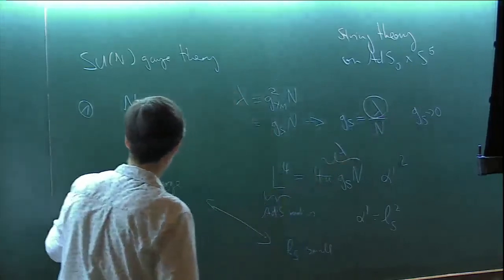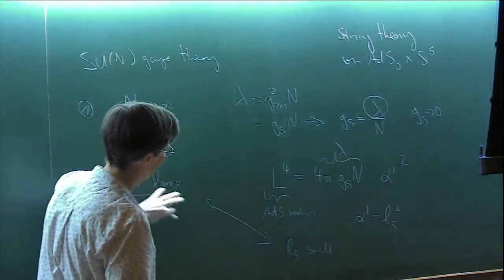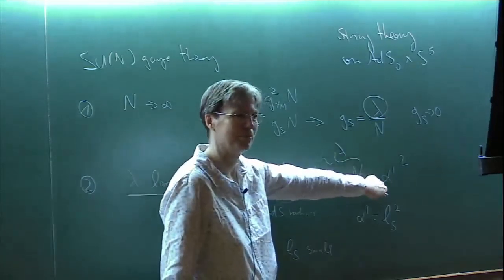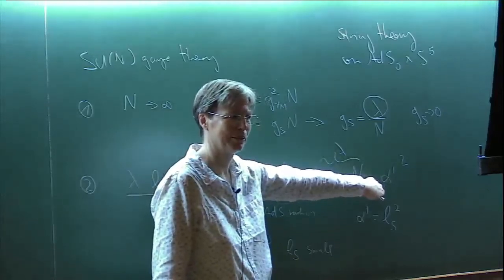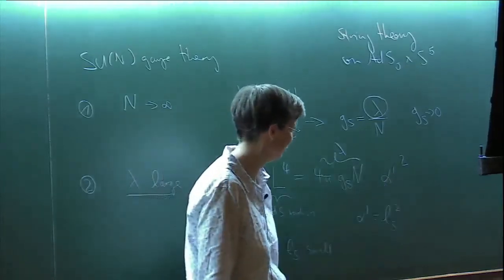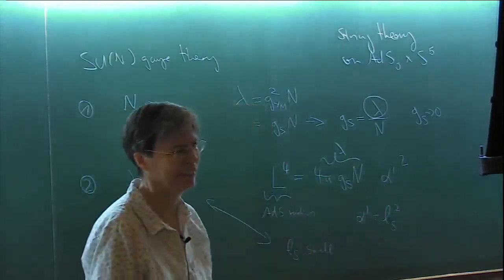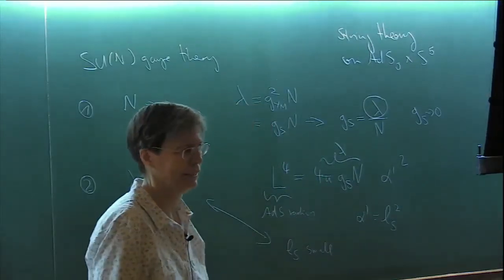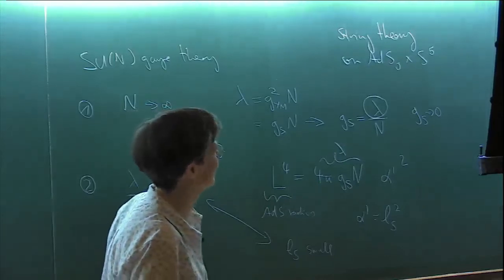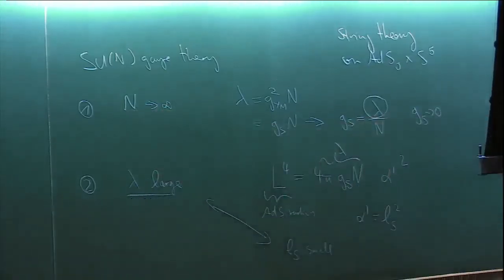The second limit is I take a strongly coupled quantum field theory, which means I get a gravity theory of point-like particles rather than a string theory. So if I take the length of the string to 0, then rather than a string theory, I have a gravity theory. Okay, so I will explain some more about this tomorrow. Any further questions?